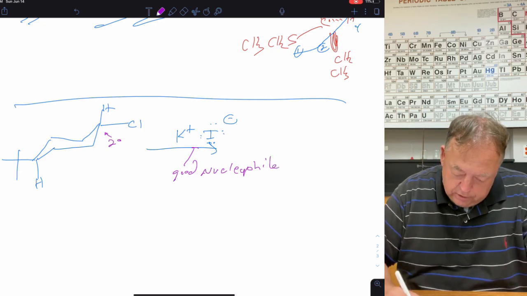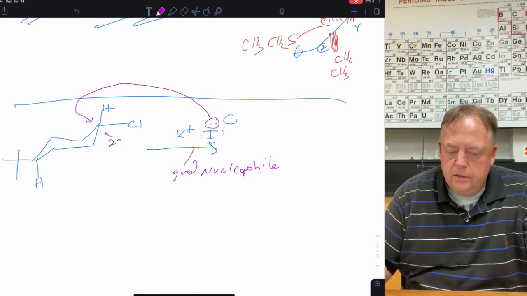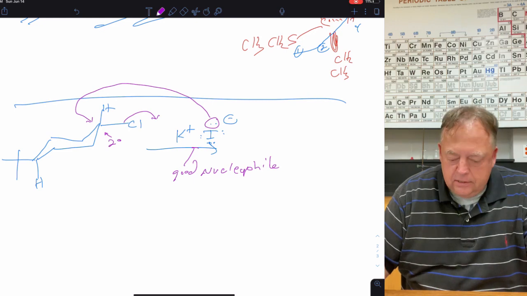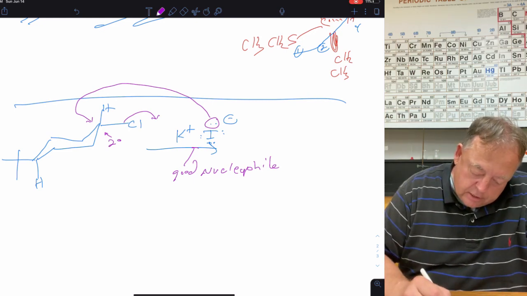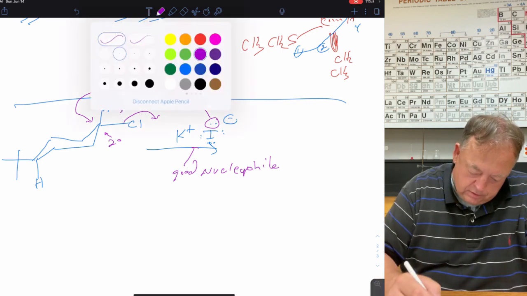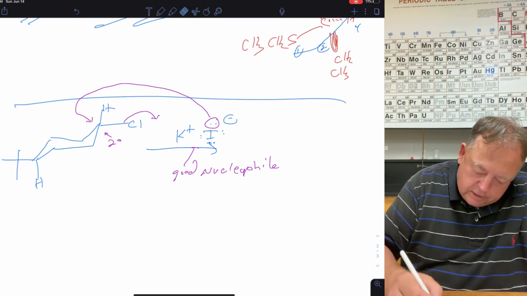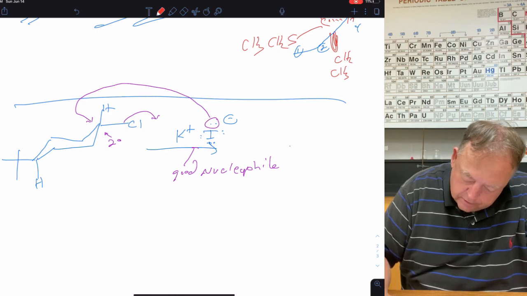For the SN2, the nucleophile has to come in the backside, opposite of the leaving group. So iodine's got to come in there, and then the chlorine leaves. And when this happens, the hydrogen is going to flip down into its place. So that's the inversion. When chlorine leaves, your product is going to look like this.